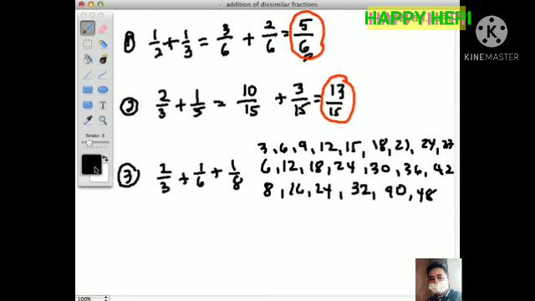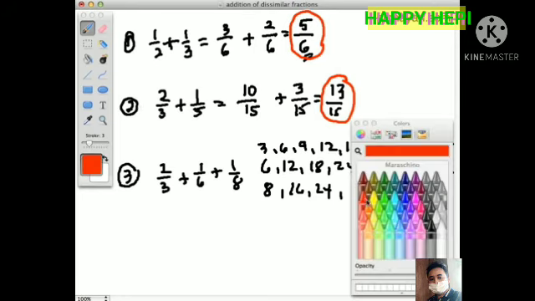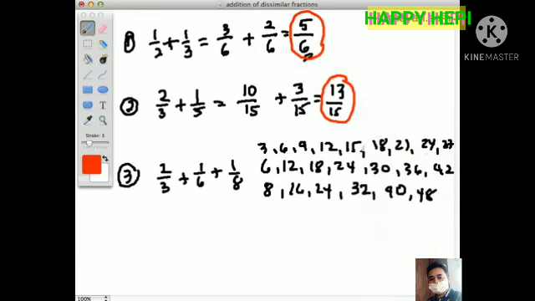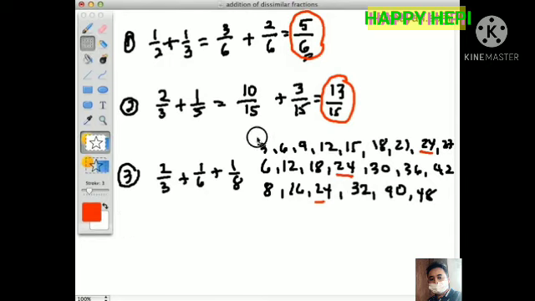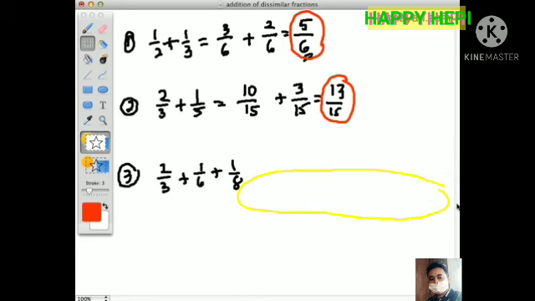So you can see what's common in our list. The least common multiple is 24. Obviously 24. Kasi meron tayong 24 sa tatlong list natin. Okay, so 12 is not the least common multiple because there is no 12 in our third list, as well as 18.